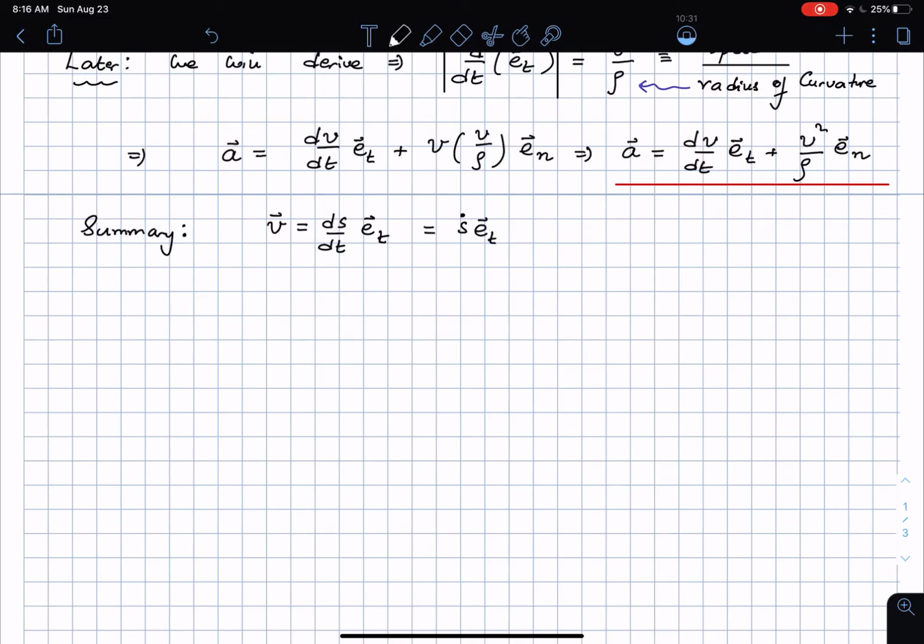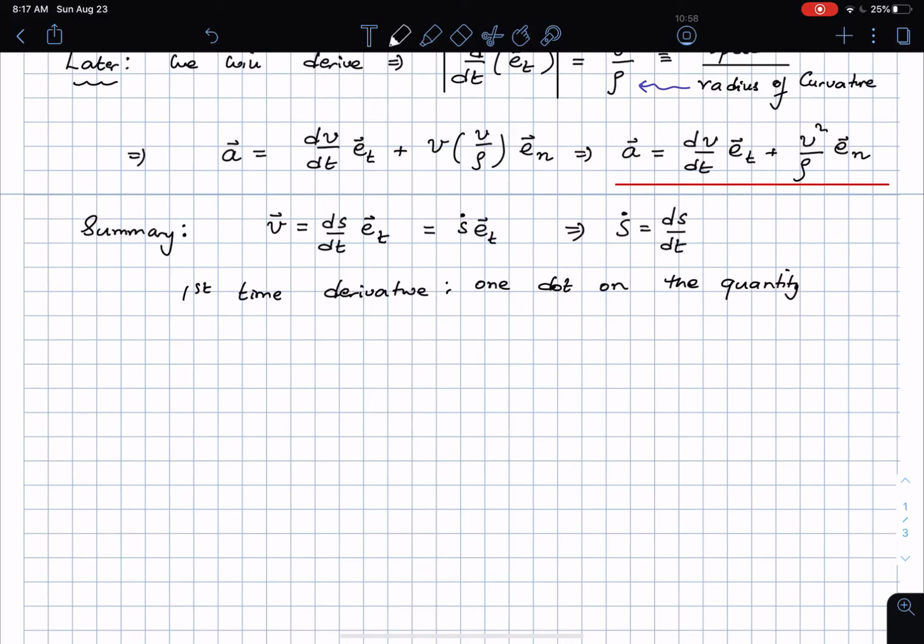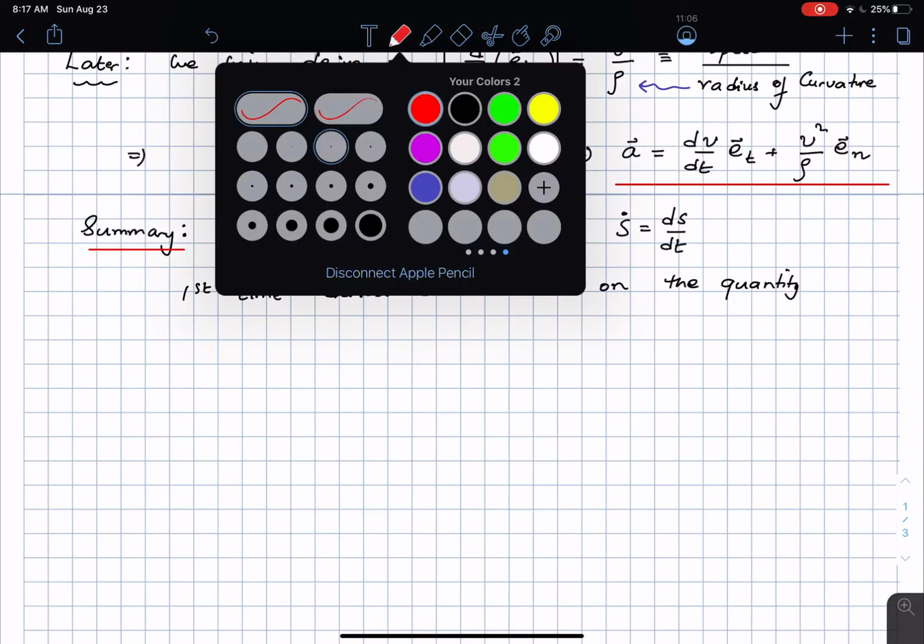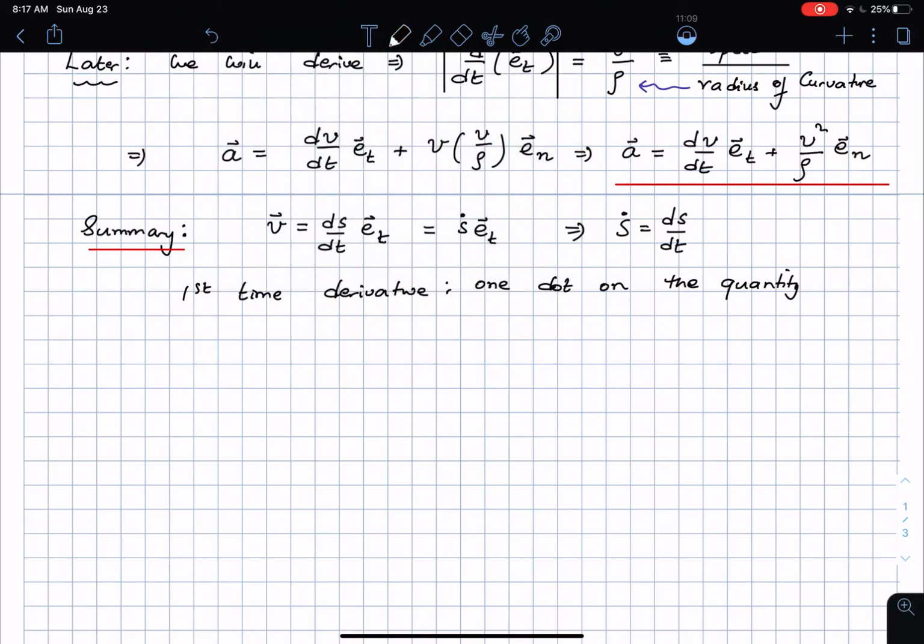So the first time derivative is one dot on the quantity. If you have two time derivatives, then it's going to be two dots on the quantity. So s dot here represents ds by dt. This is one way of writing the velocity vector, something that I typically prefer as we go on further down the course, when we study equations of motion and so on.